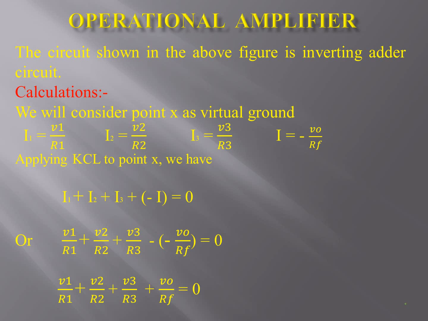Okay. Now from Ohm's law, I1 is equal to V1 upon R1, I2 is equal to V2 upon R2, I3 is equal to V3 upon R3, and I is equal to minus of V output upon RF. Now applying KCL to point X, we have I1 plus I2 plus I3 plus (minus I) is equal to 0.